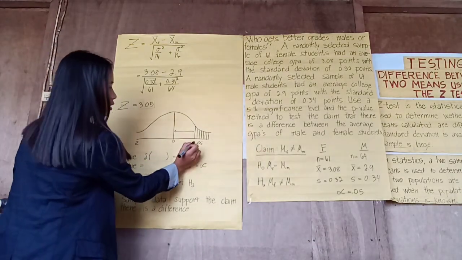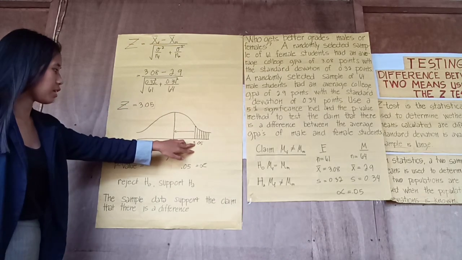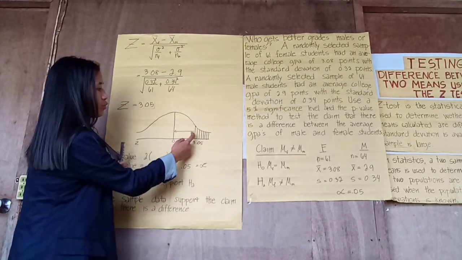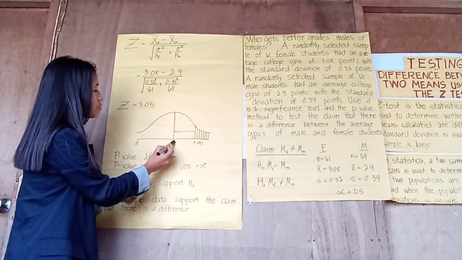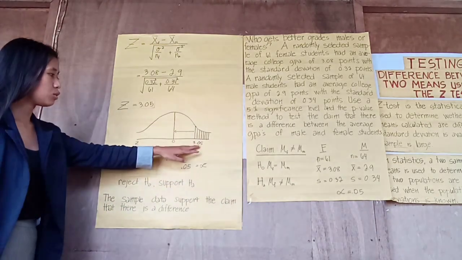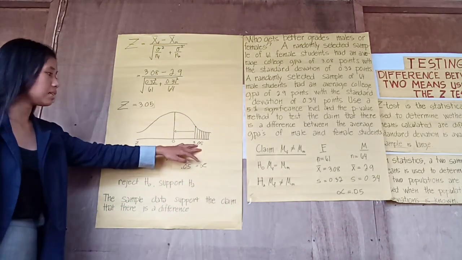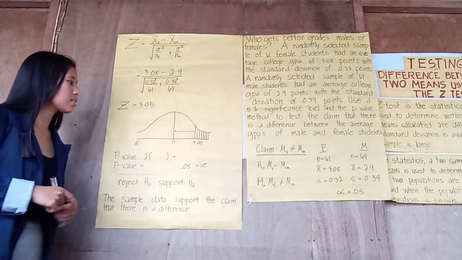So let's say that 3.05, and then we're going to find the area from zero to there. So how to find that? We're going to look at our Z table, which is tackled on the past lessons.